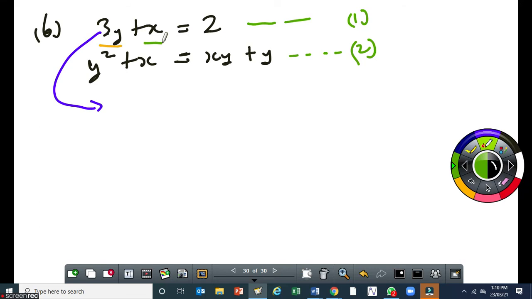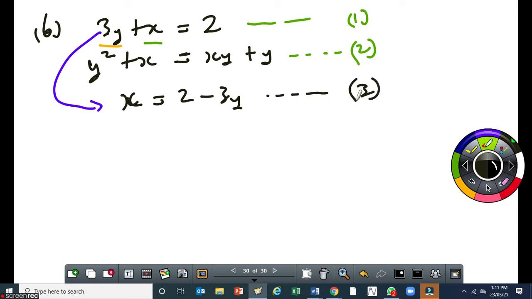I can make y the subject, but it will make things complicated. I'll end up creating fractions. Here, it's better to take the 3y to the right. If I do that, I will get x equal to 2 minus 3y. Okay, so this becomes the third equation.